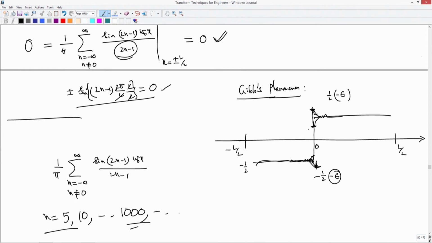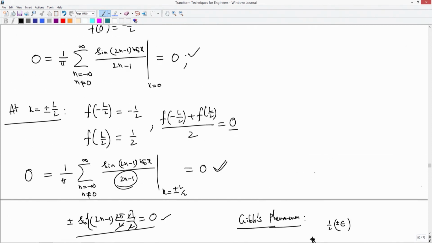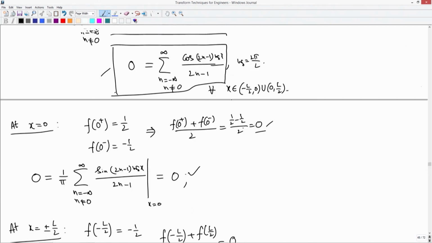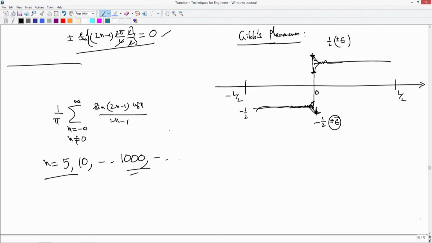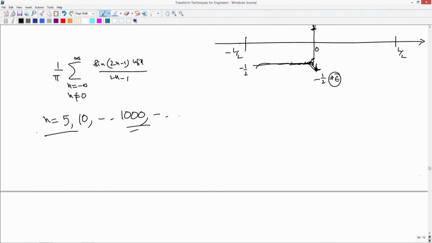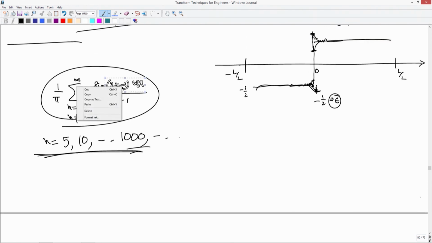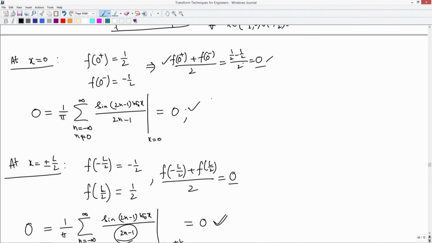Whatever the case, the plus or minus is added or subtracted, and finally the jump value would be the same. So, the convergence value is the same, but however big n is, with any number of terms in this Fourier series, you will not be able to capture the actual value of the function.